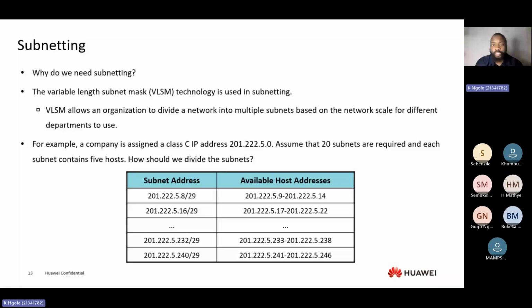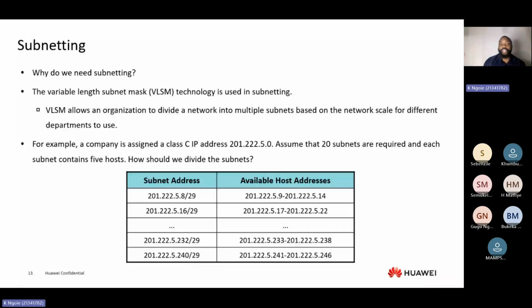So if you don't subnet, what will happen is that an organization that is given, for example, a class A or class B network might have millions of addresses, but maybe they only need a few thousand addresses. So when you look at an example of what we did there, we had 65,534 available IPs, but maybe this organization only has 200 devices.